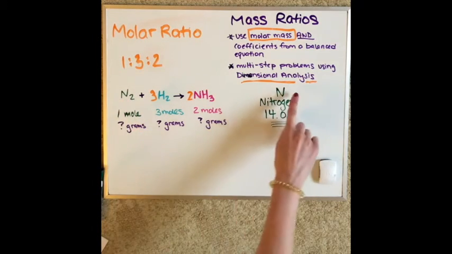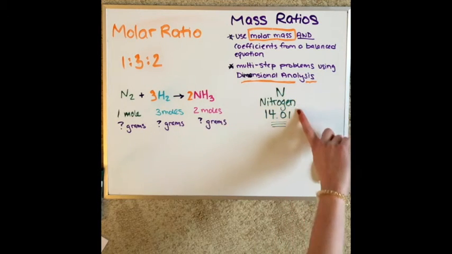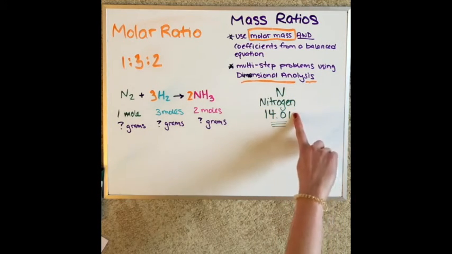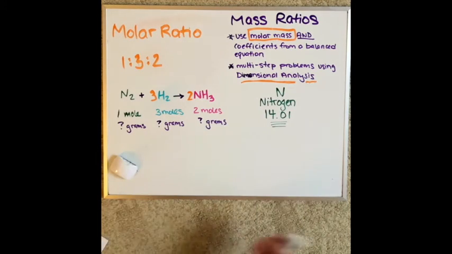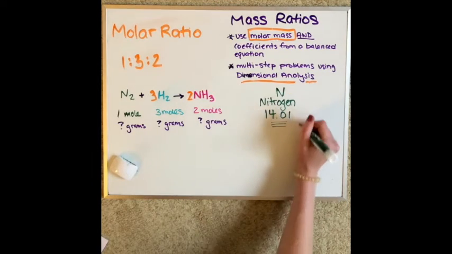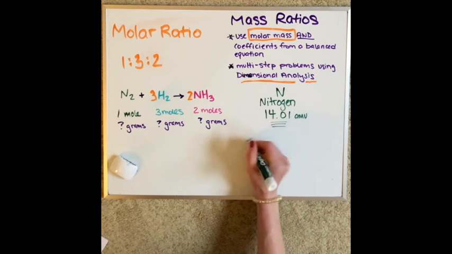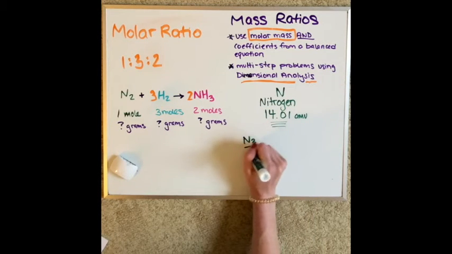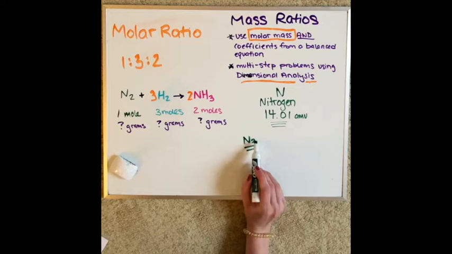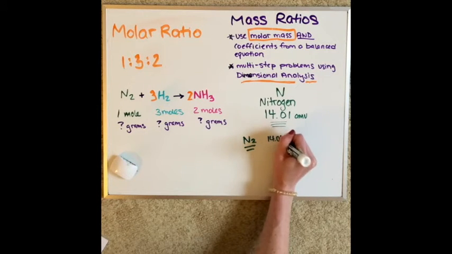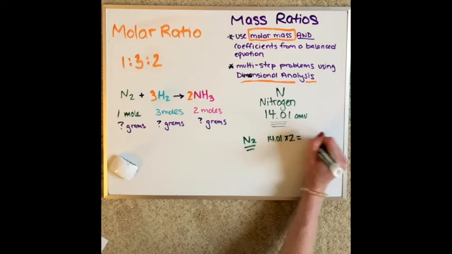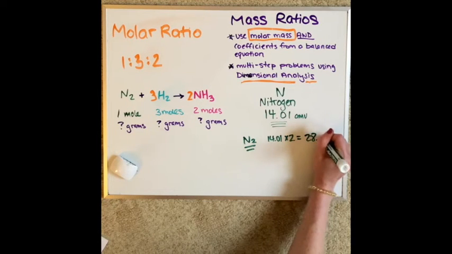If I look in my periodic table and find nitrogen, its atomic mass is 14.01, and technically that is saying atomic mass units, or AMU. To find N2 though, to find its molar mass, because we have 2 atoms, we need to take that number and multiply by 2, which would leave us with 28.02.